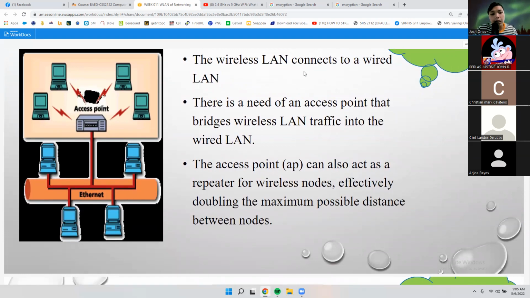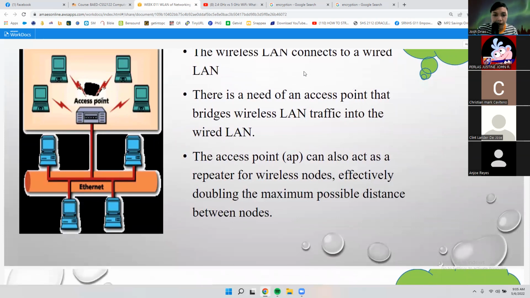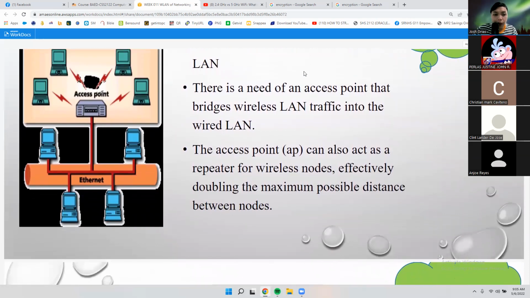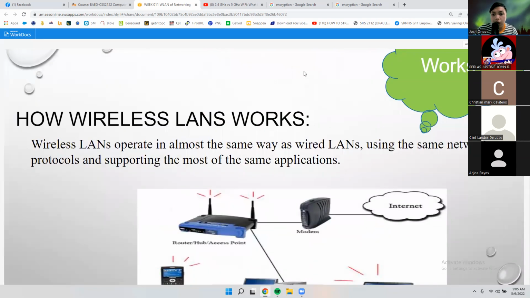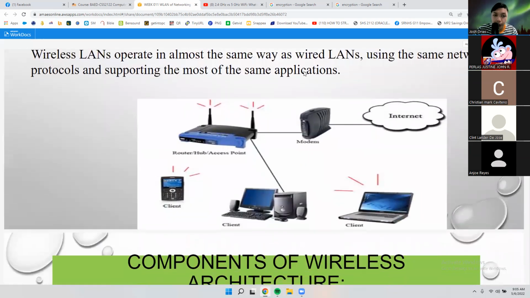Para kahit whether through the use of Ethernet cable or wireless pa rin, mag-communicate pa rin sila. Magkaroon pa rin ng access. The AP or access point also acts as a repeater for the wireless nodes, effectively doubling the maximum possible distance between the nodes. Okay? So how the wireless LAN works?